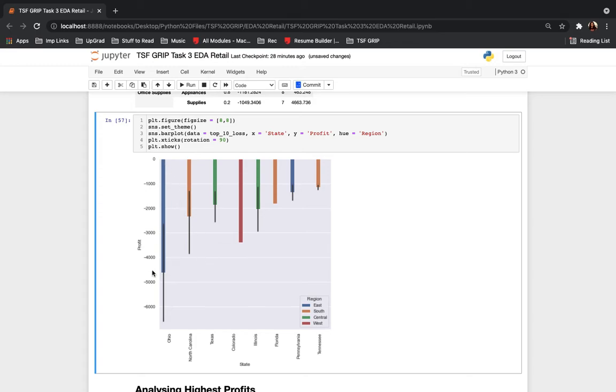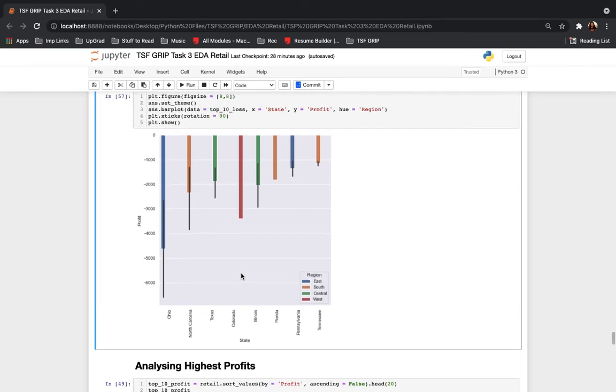This is in the reverse direction because these are all negative values, so the lowest value would be our highest loss. It seems counterintuitive, but since we are calculating it as a negative integer, this is how it is represented. You can see that the eastern region has the highest loss, followed by the western region.